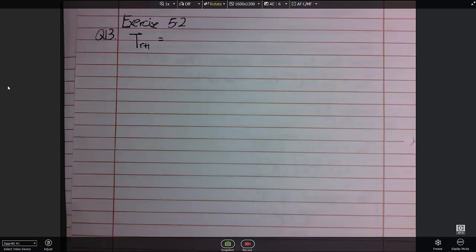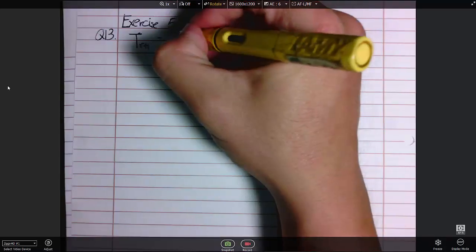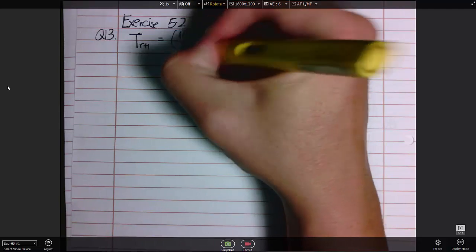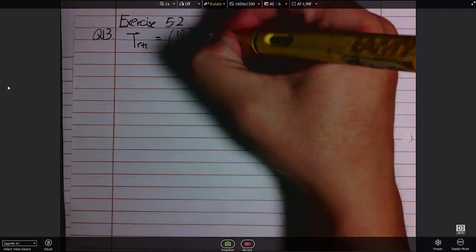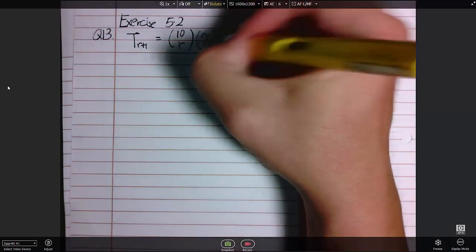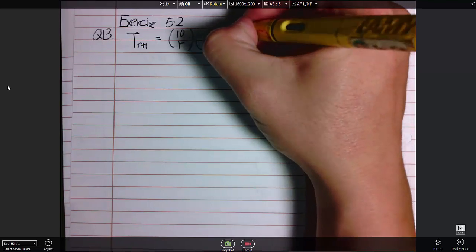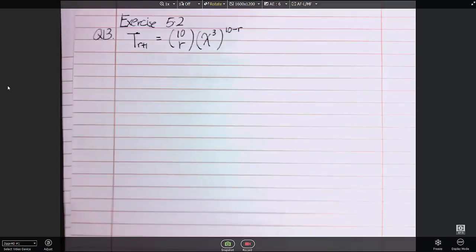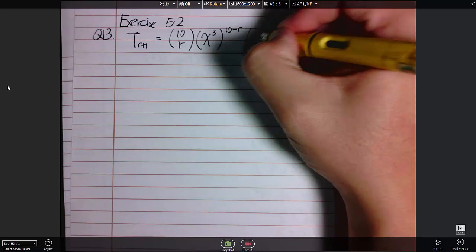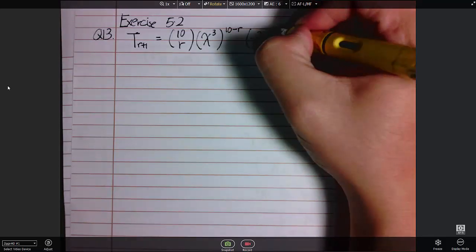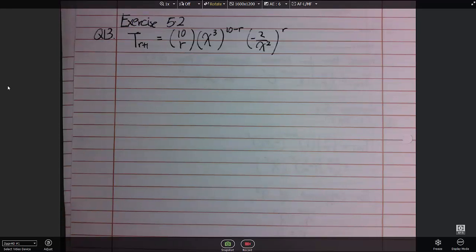So first, the general term is given by 10 choose r, a to the power of 10 minus r, then b, which is negative 2 over x squared, to the power of r. That is the general term.